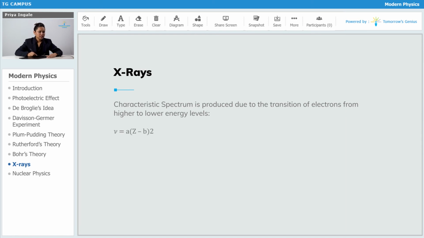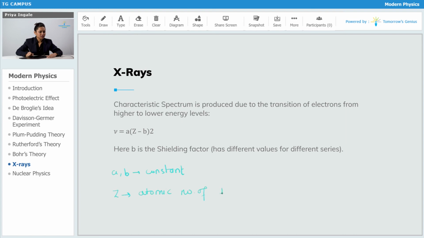So here the frequency of X-rays depends upon this particular equation, where A and B are constants and Z is the atomic number of the target.